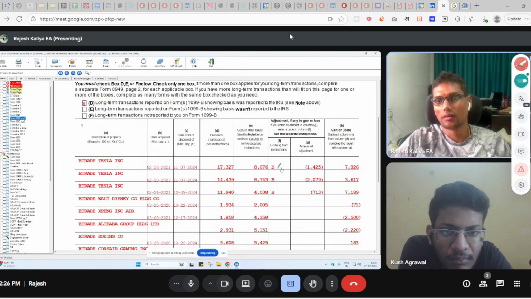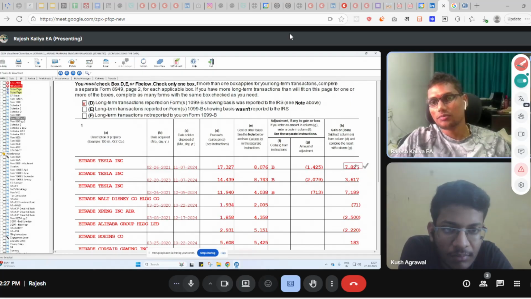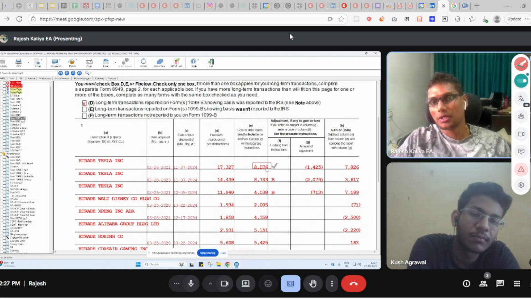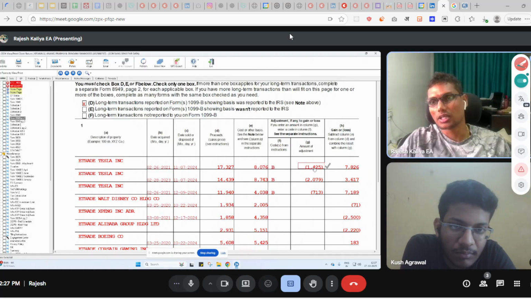I mentioned code B. I made an adjustment in the cost basis. Earlier it was 88,076. With the help of code B, I made an adjustment of 1425. Why? Because a supplement document will be issued. So from the cost basis, this amount will be reduced, so the profit gets decreased. That benefits the client.